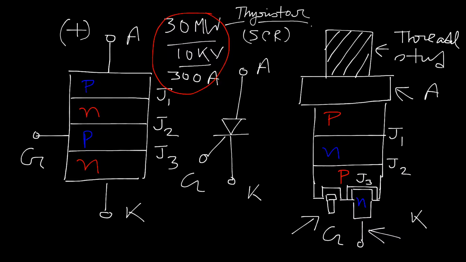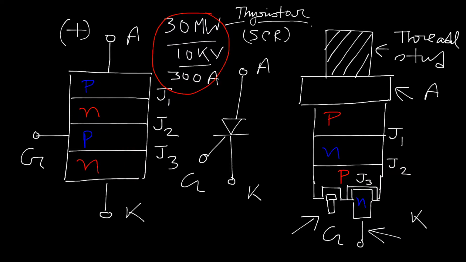Now think about junction J1, and current tries to enter from anode to cathode in this direction. That means this PN junction, defined as J1, is in forward biasing condition, as well as junction J3, which is across the lower PN region, is also in forward biasing condition.